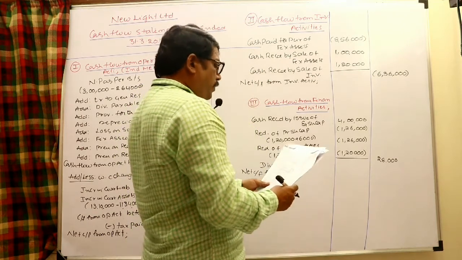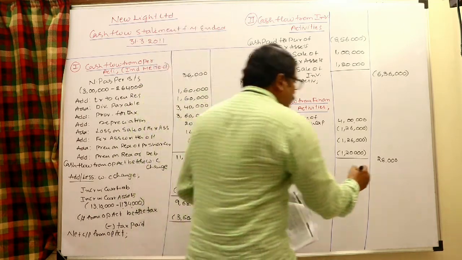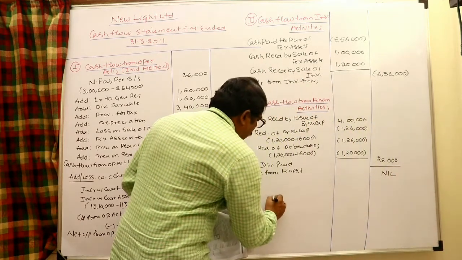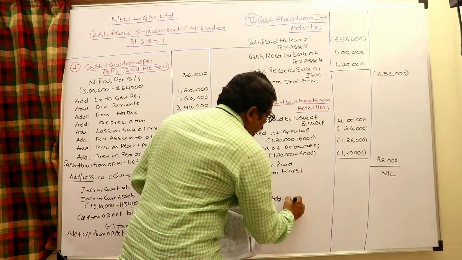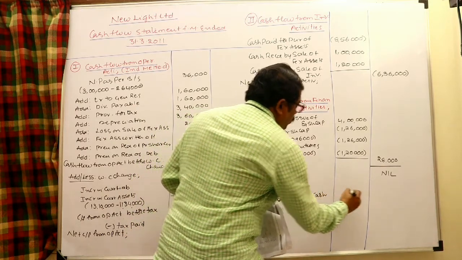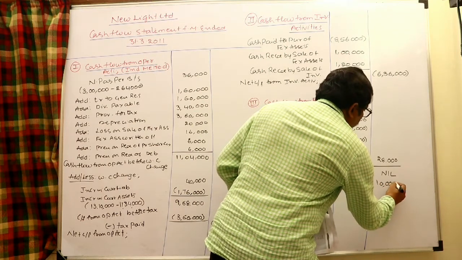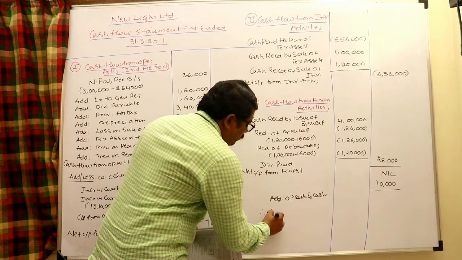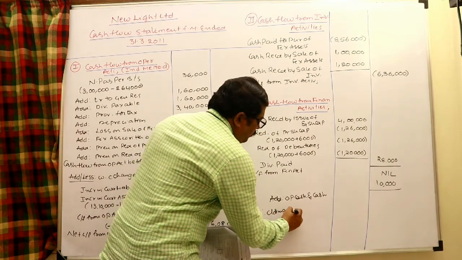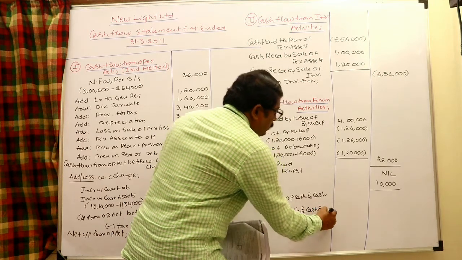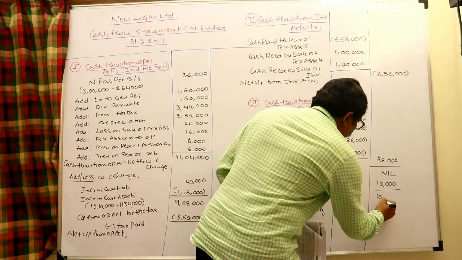Let us check the net effect of all these 3 activities. It looks like nil, 0. Add opening cash and cash equivalents, it is 10,000. Therefore closing cash and cash equivalents would be 10,000.